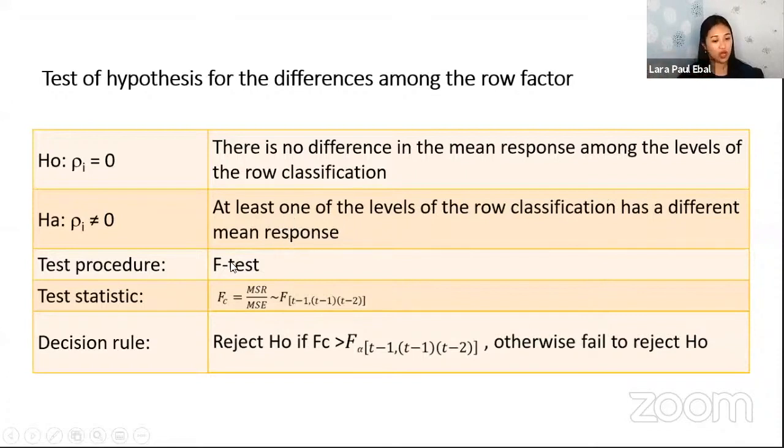And then the test procedure, we have F test. Take note that the numerator now is different from that for testing the treatment means. We have this now for the row factor, MSR. For the decision rule, reject H0 if the F computed is greater than the F tabulated, or you can use the p-value.